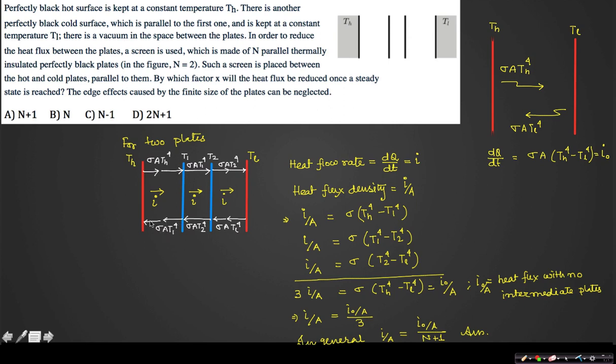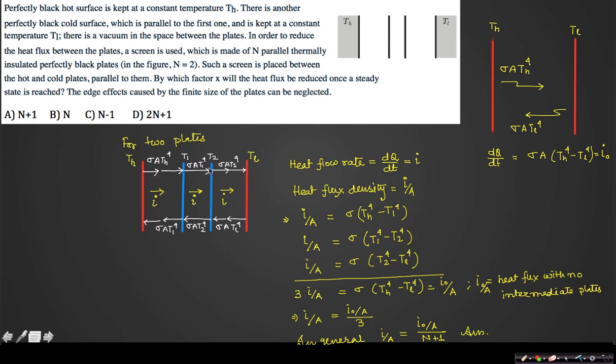This radiation will fall on the hot surface, and it will be completely absorbed because it is a black body, and the radiation falling on the T2 surface is also completely absorbed because it is also a black body. Similarly, whenever radiation falls on any surface, it is completely absorbed because the surfaces are perfectly black, as mentioned in your question.